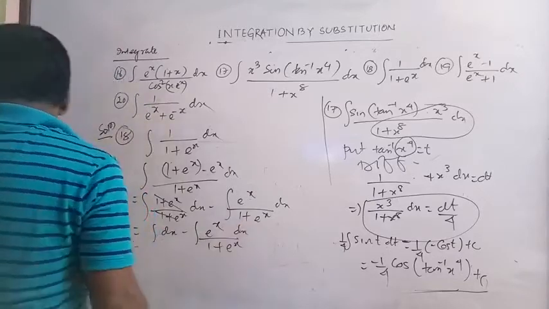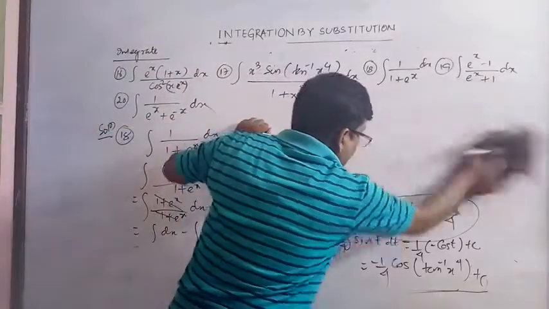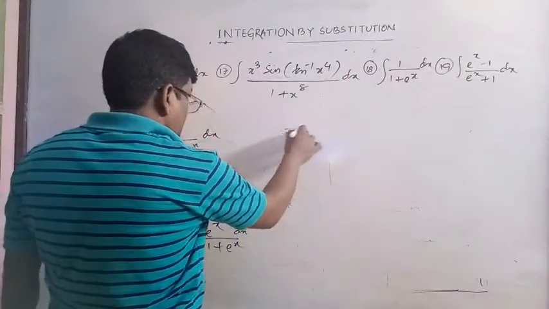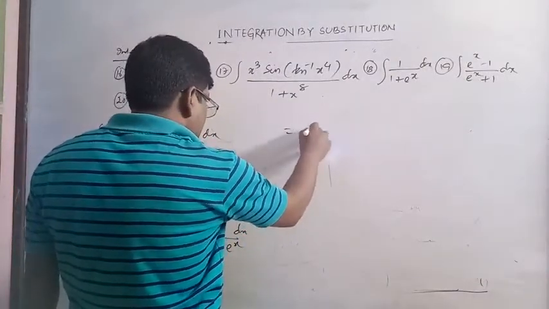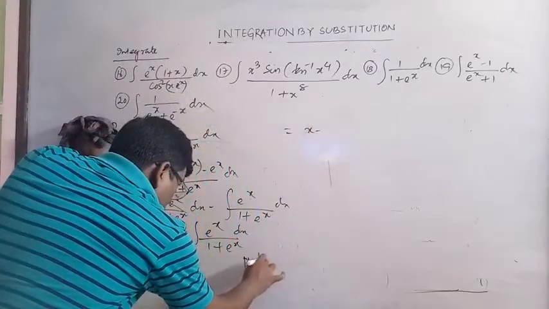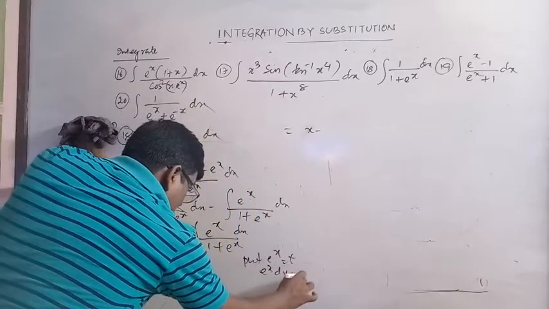So this is equal to what? Here, for e to the x dx, put e to the x equal to t, so e to the x dx is equal to dt.